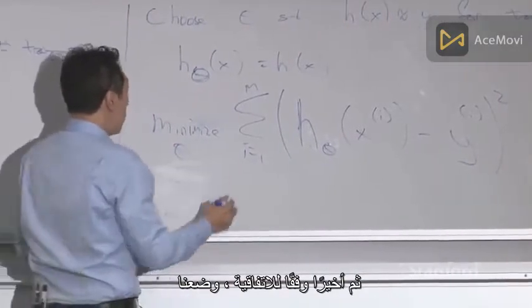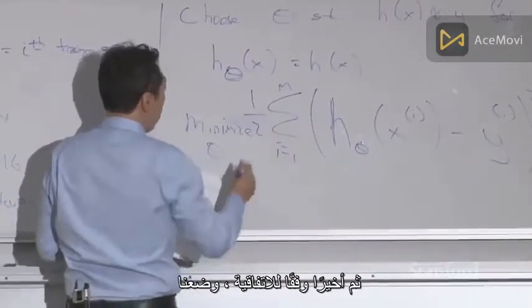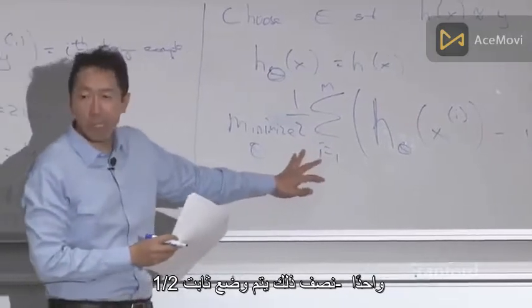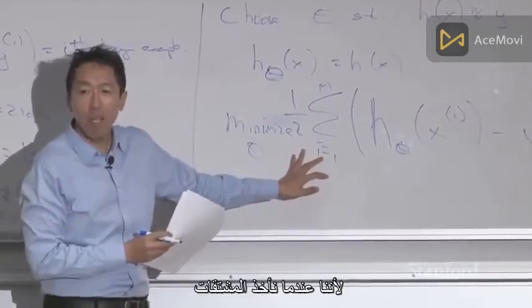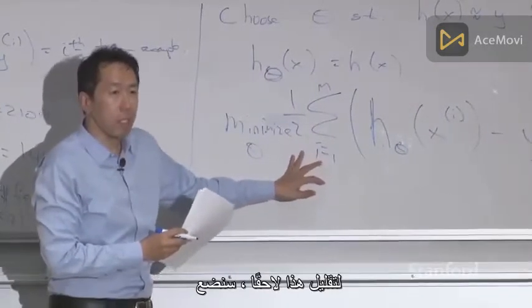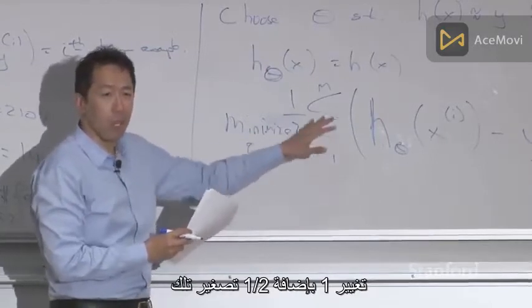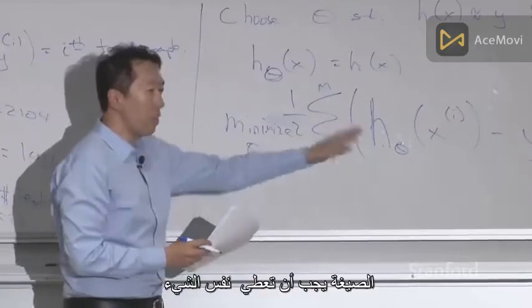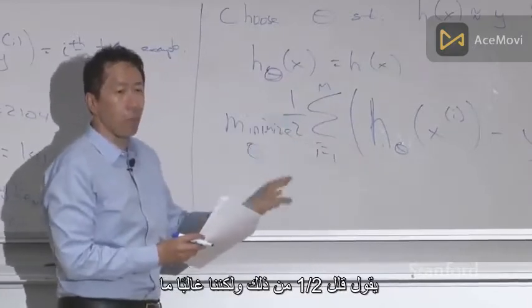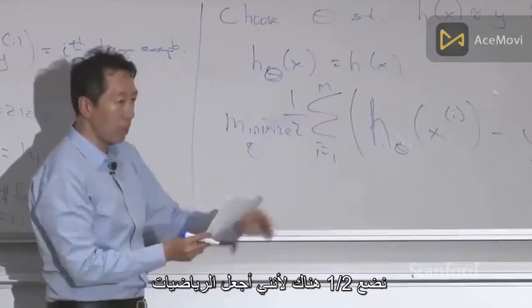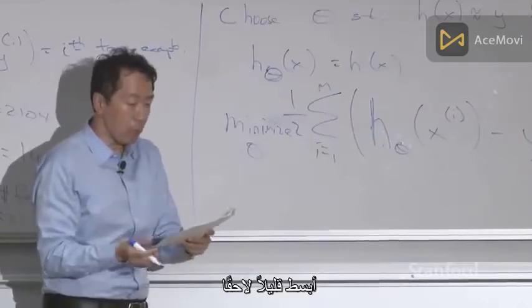And then finally, by convention, we put a 1/2 constant there, because when we take derivatives to minimize this later, putting 1/2 there will make some of the math a little bit simpler. Minimizing that formula should give you the same answer as minimizing 1/2 of that, but we often put a 1/2 there since it'll make the math simpler later.